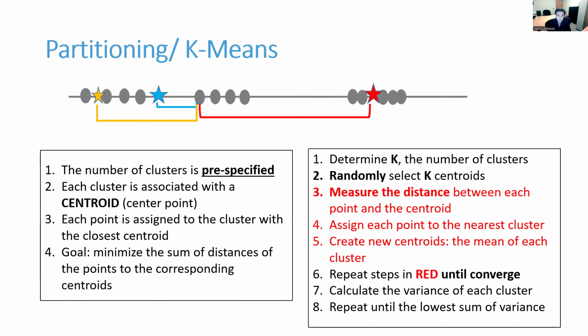So let me start with the well-known k-means algorithm and explain why it might not be the best option in some situations. The k stands for the number of clusters that we're trying to identify, and we have to specify that number of clusters before we start. The next step is to specify the cluster seeds.